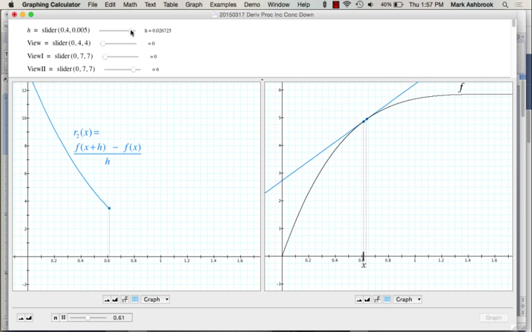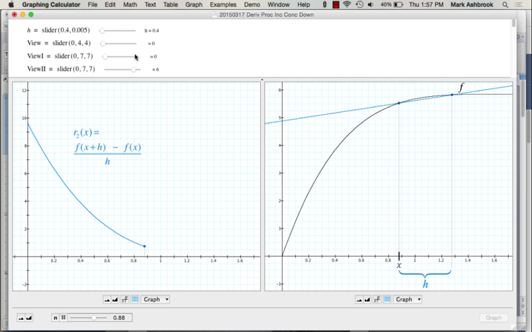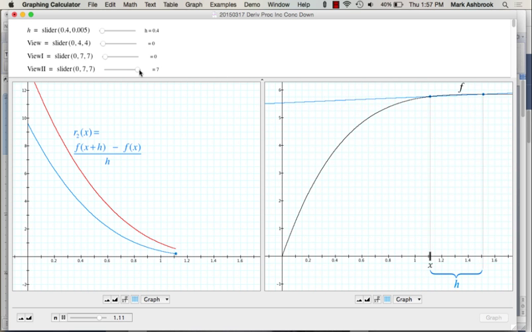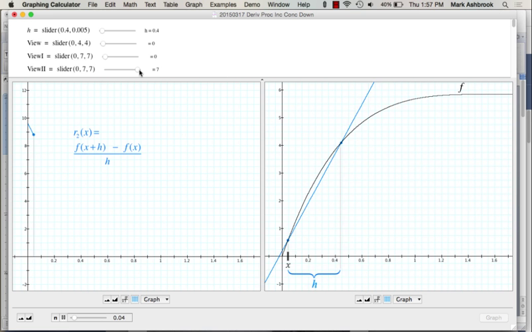So I'll go back to point 4, and I'll show the exact also. Okay, so the light blue is everything for point 4, and now the red is that h were really small.